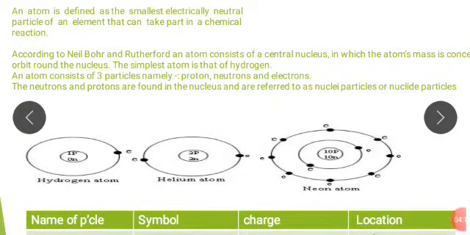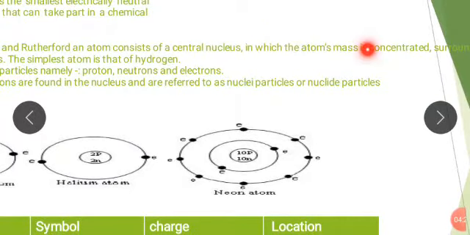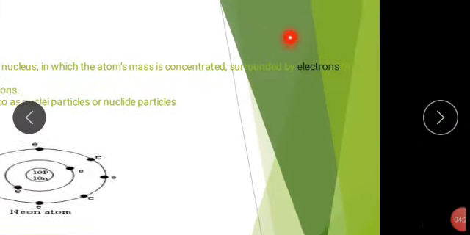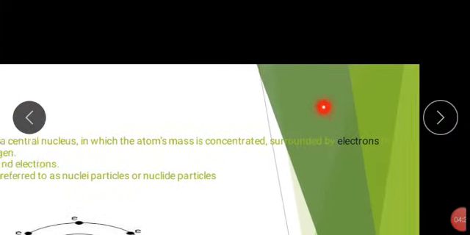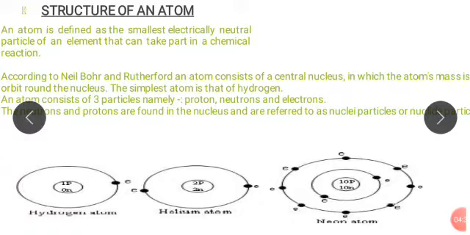According to Rutherford and Bohr, an atom consists of a central nucleus in which the atom's mass is concentrated, and this nucleus is surrounded by electrons which orbit around the nucleus.